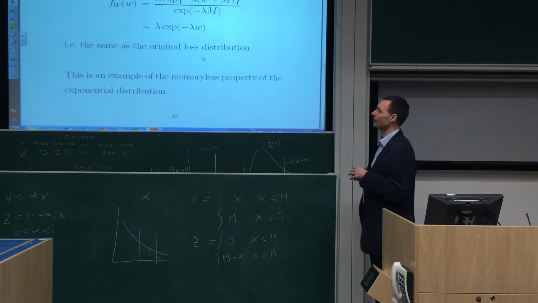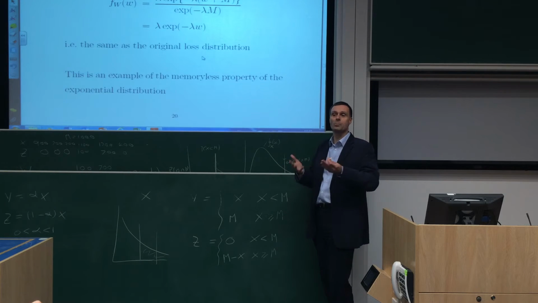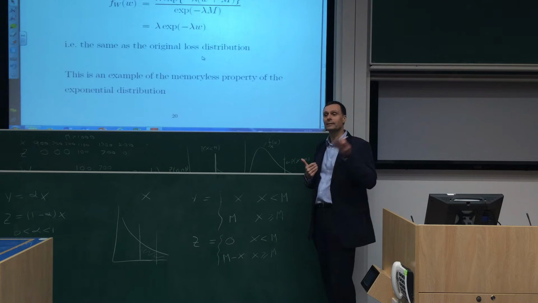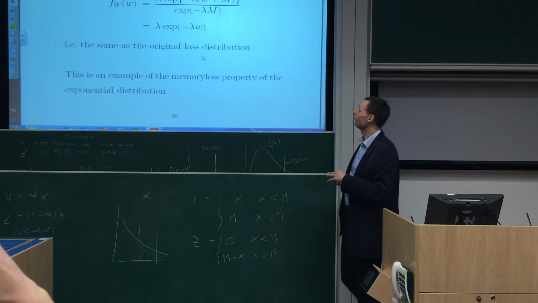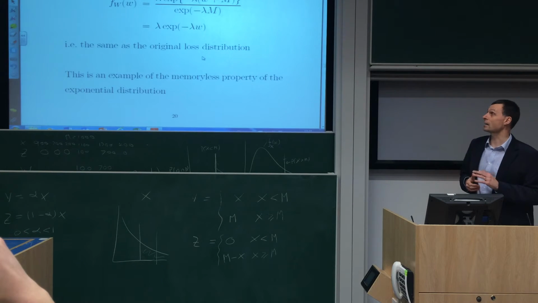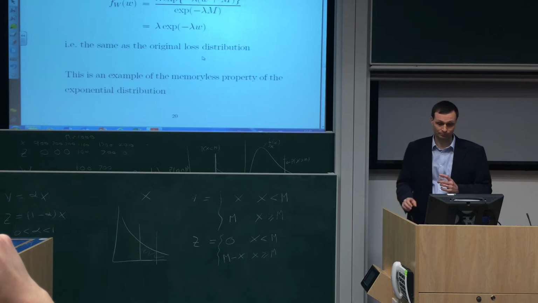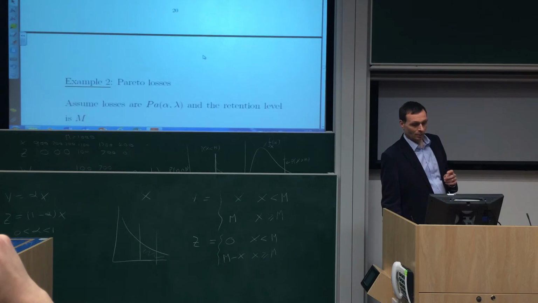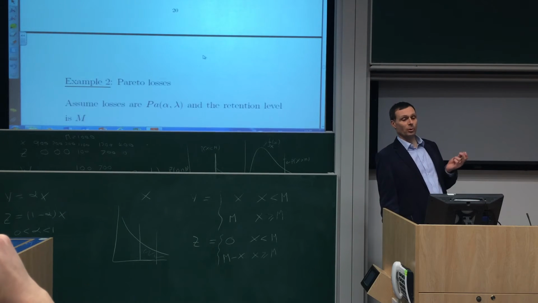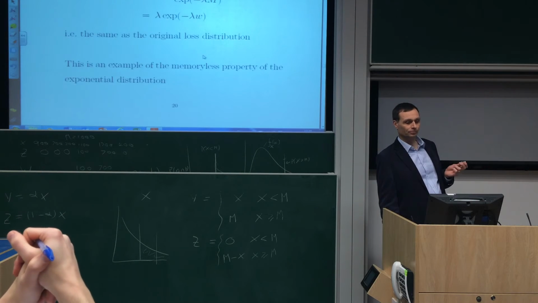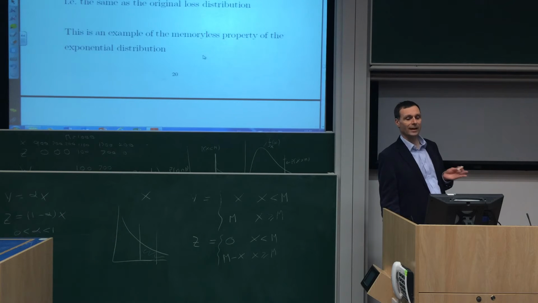Which is perhaps right with hitchhiking, but with buses, you hope that if you've waited for 10 minutes for a bus, the next bus is more likely to come in the next 10 minutes than before. So the exponential distribution has this property that it's memoryless, and it's the only distribution that is memoryless. So it's one way you could define the exponential distribution.